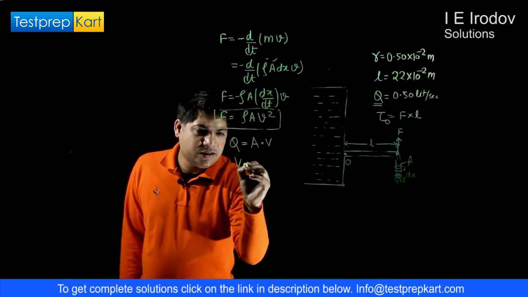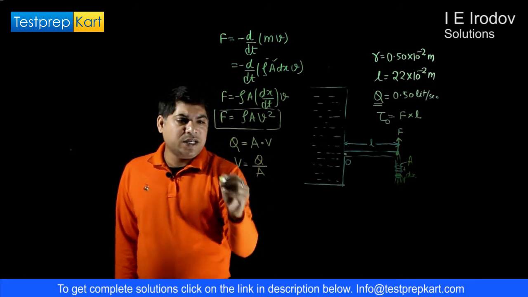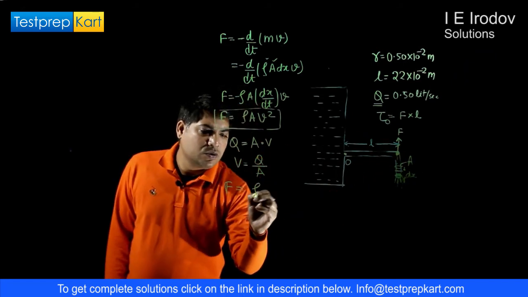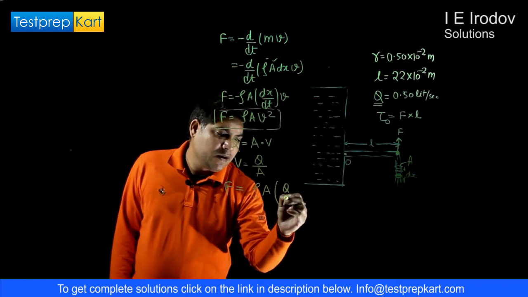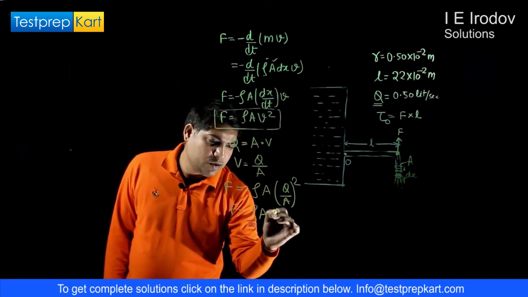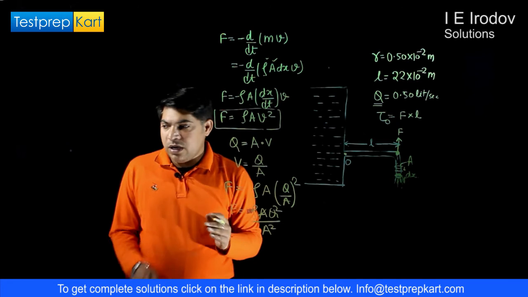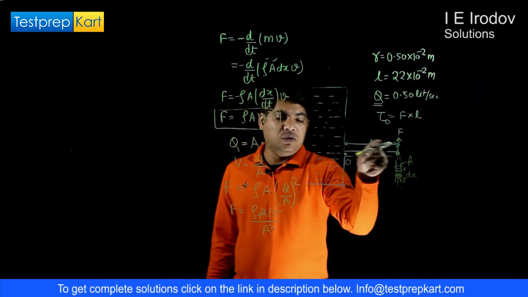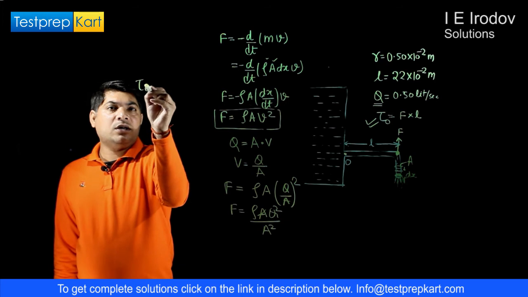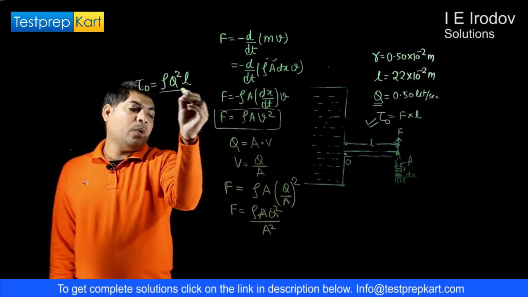We can calculate the velocity as Q upon A. Substituting in this equation, the thrust working at this point is rho A times Q over A whole squared. Here rho A gets cancelled in part, so the force is rho Q squared upon A. Now we have the force and the length is known, so we can calculate the moment of force T naught, which is equal to rho Q squared L upon A.